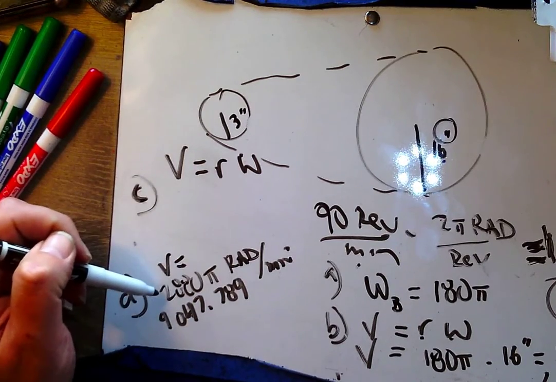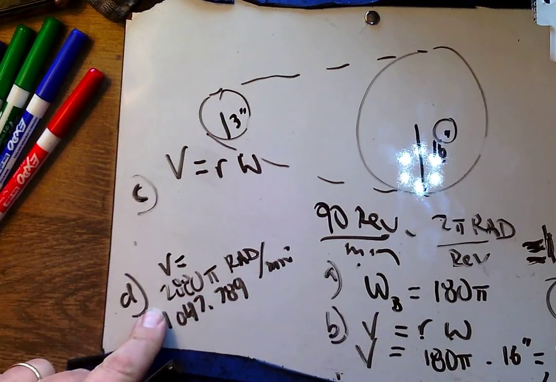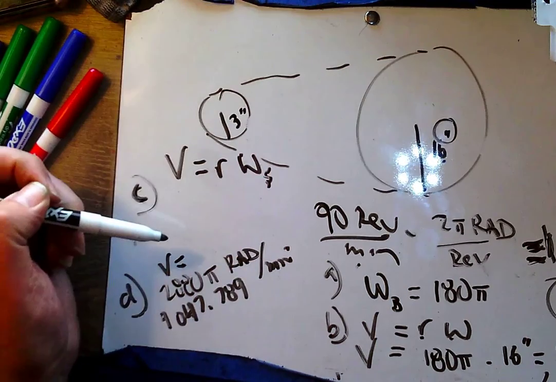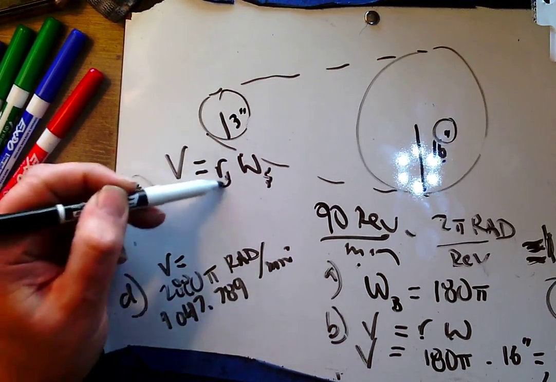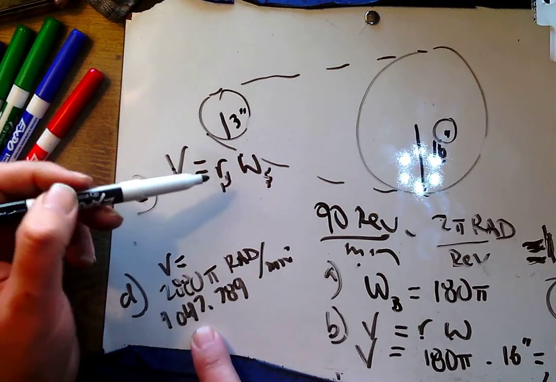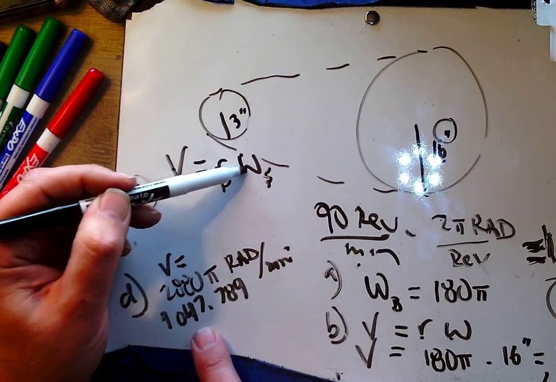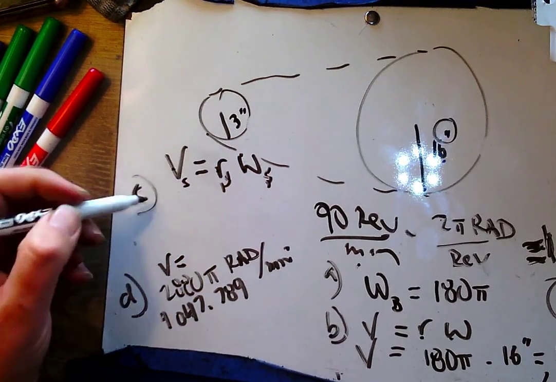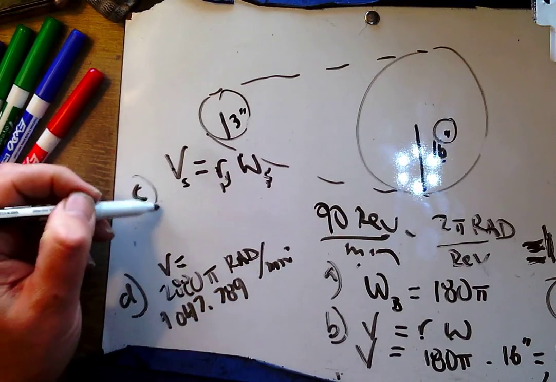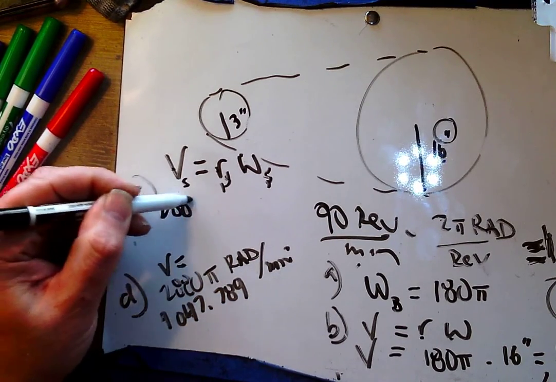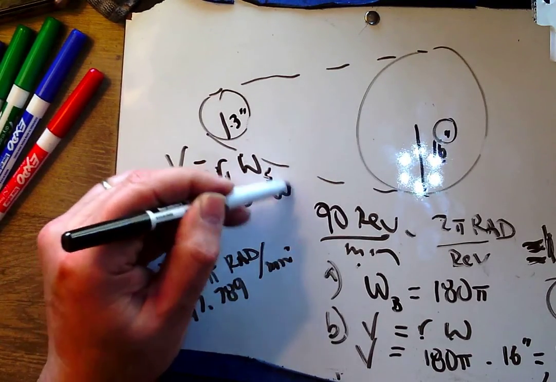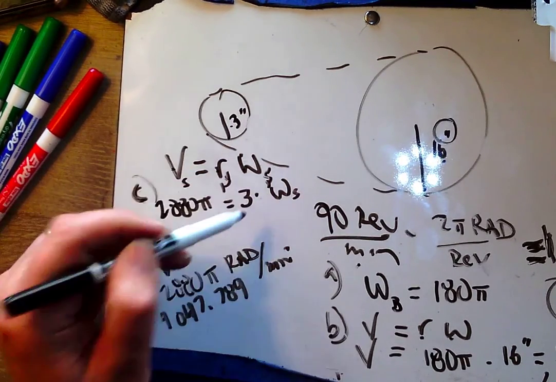So now, because they're the same, now I'm trying to find the angular velocity of the small one. So I need to say that this linear velocity is equal to the radius times the angular velocity of the small one. So v equals r omega. Oh, I just wrote that. Okay. So I've got 2880 pi equals 3 times the angular velocity of the small one.